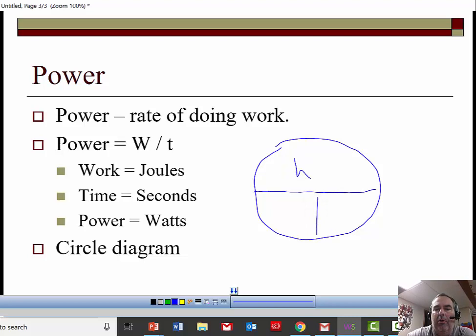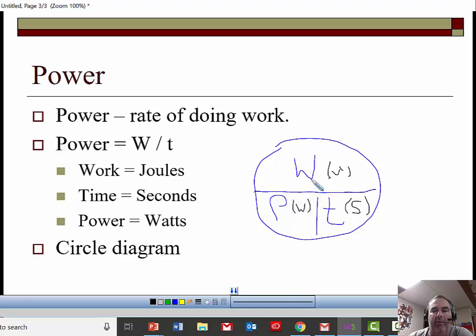We're going to put the work up top, power and time are going to be on the bottom. So if we fill in our units, we said that work was going to be measured in joules. We said time was going to be measured in seconds, and that's going to leave us our power being measured in watts.